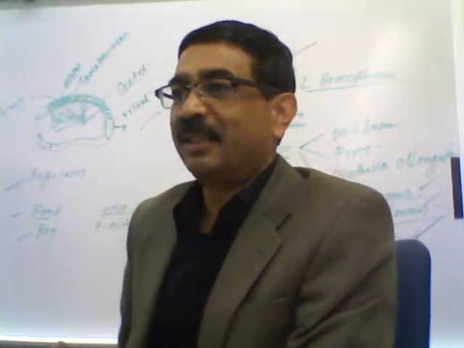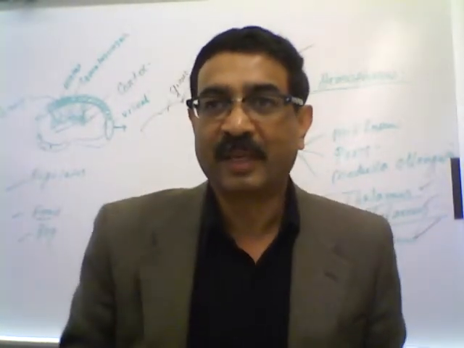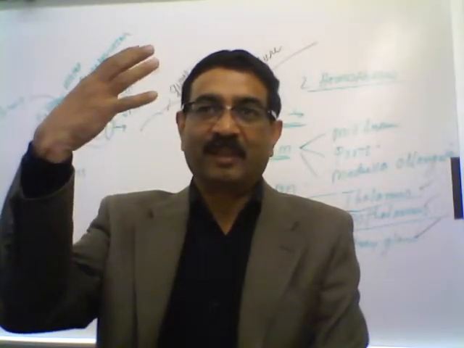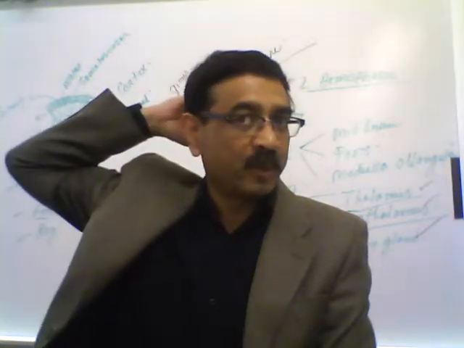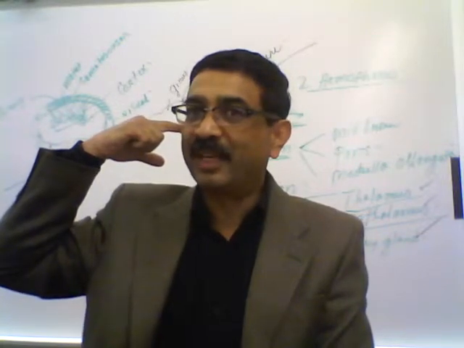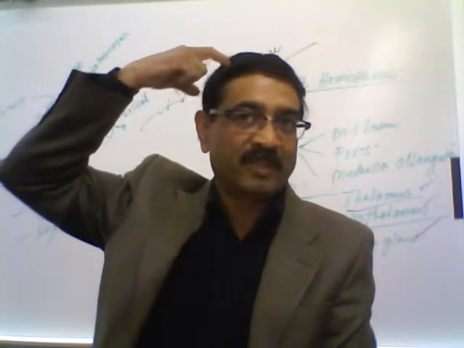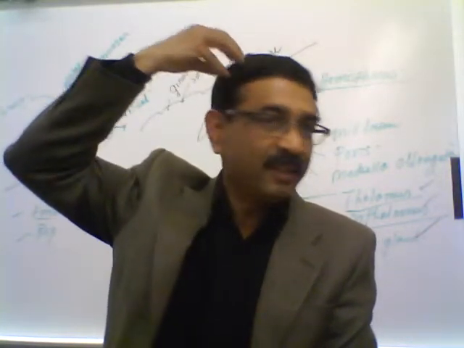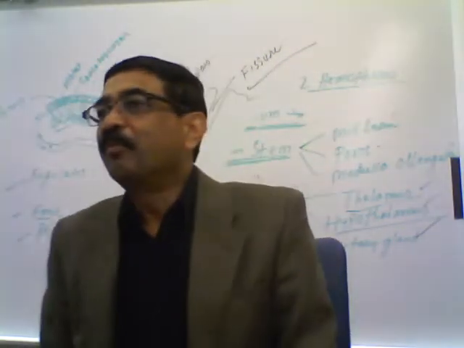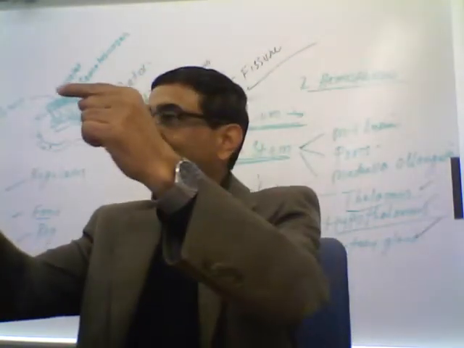Just think this way. When I am talking, you are looking at me, you are seeing what I am doing. That is visual, going to the primary visual cortex, right? At the same time, you are listening to what I am saying, so that signal is going to the primary auditory cortex. Make sense? Your auditory cortex is here, your visual cortex is here, they are far away. But there is an area where those two signals are combined together.